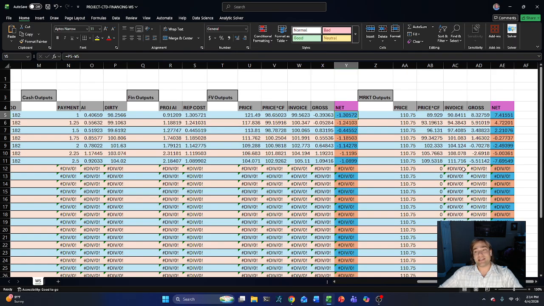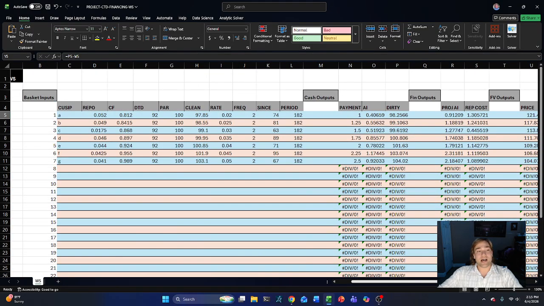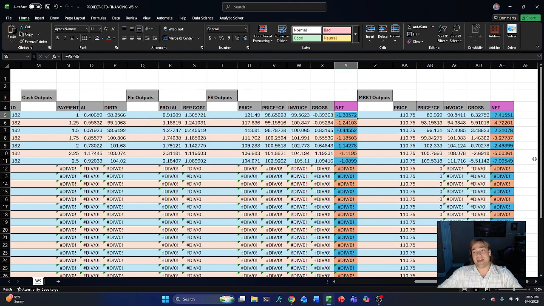You get your gross basis, and you'll see the most negative net basis here, and it's a hypothetical example so it's radical numbers, is bond G, and that has a very large 7.69 point negative net basis from the dirty to the invoice price, and that would have the best traded economics.